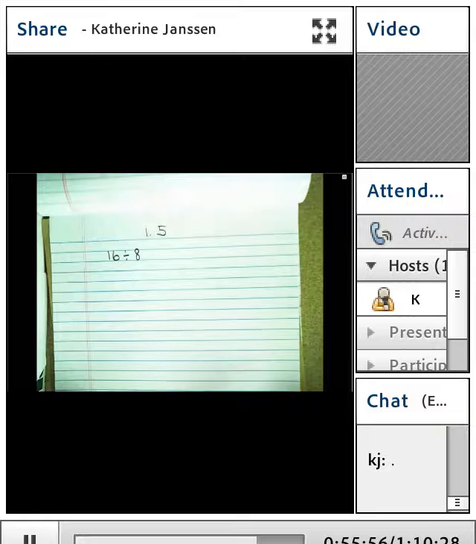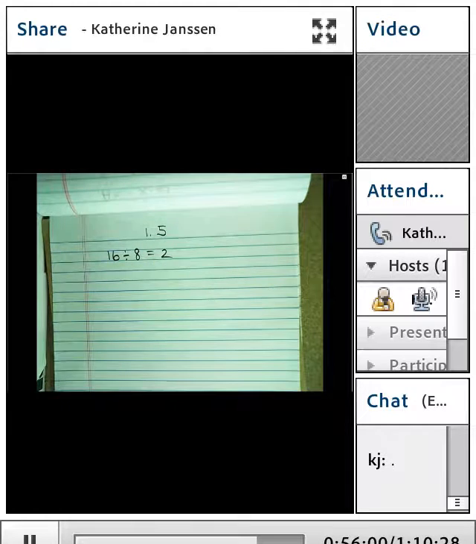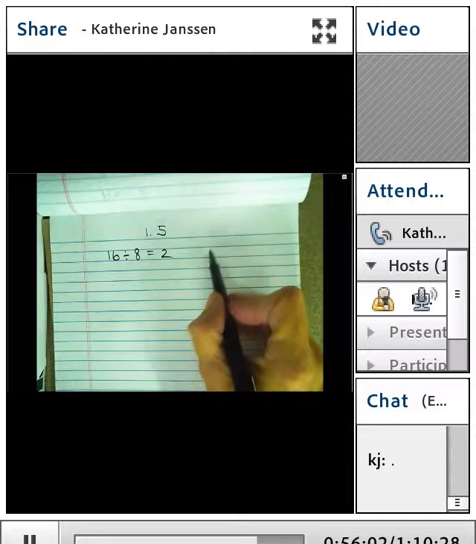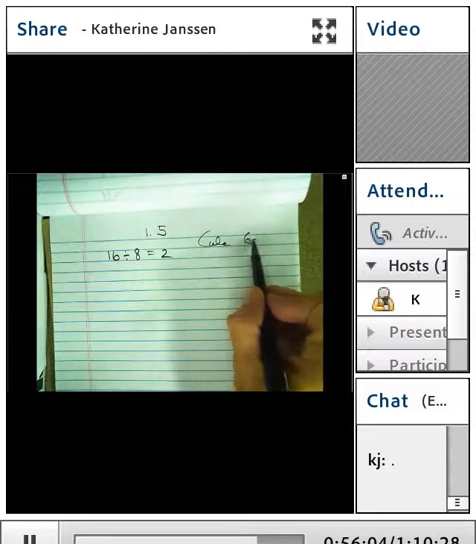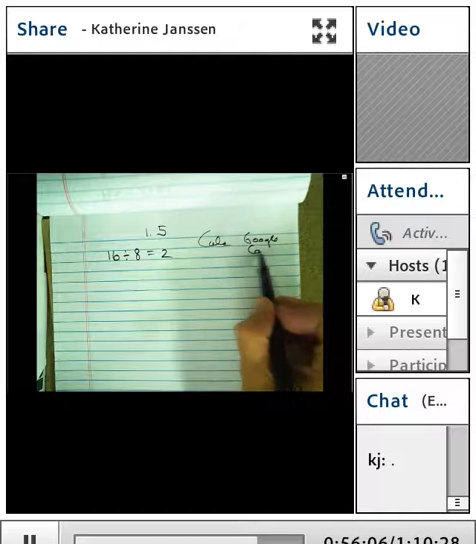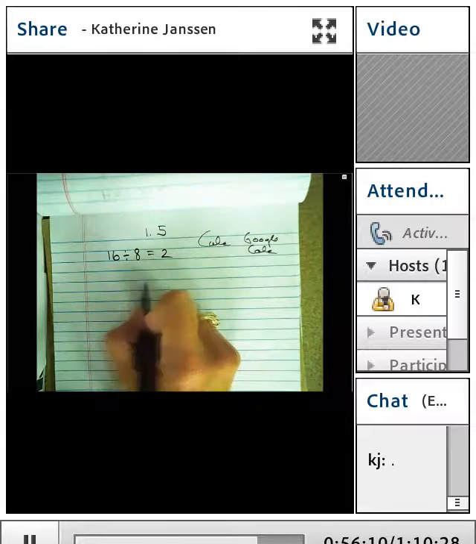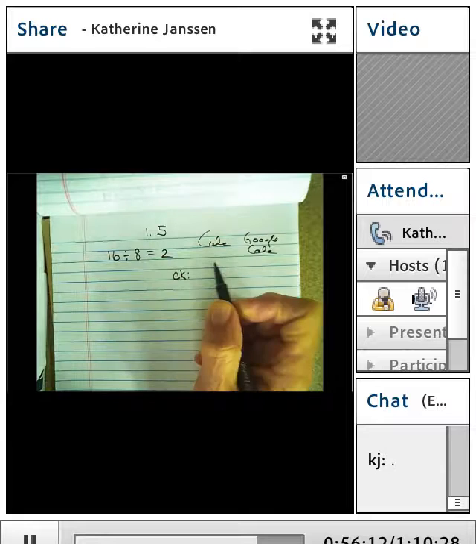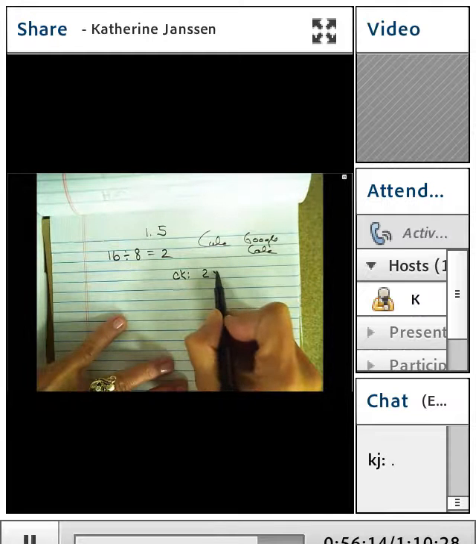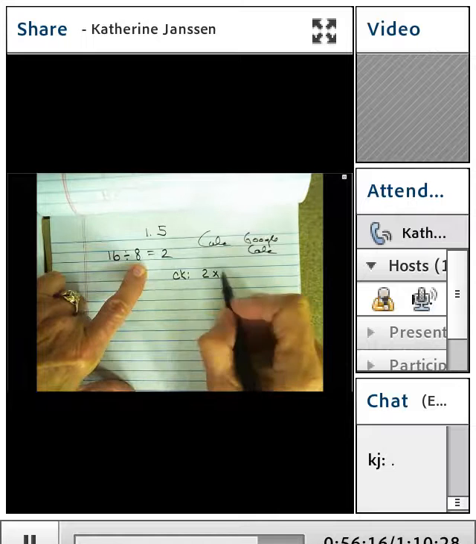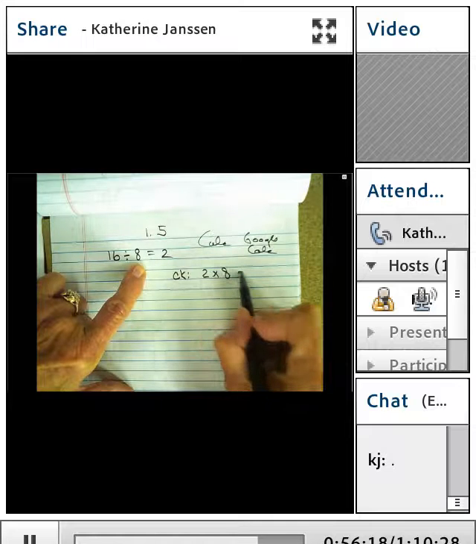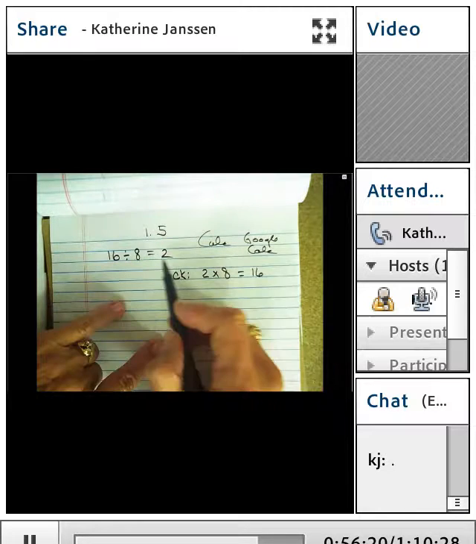Sure enough, it's 2. You can use your calculator or again, Google Calc. We're asked to check. Well, that'd be our answer times what we are dividing by, our divisor. 2 times 8 is 16, so you can put your answer.